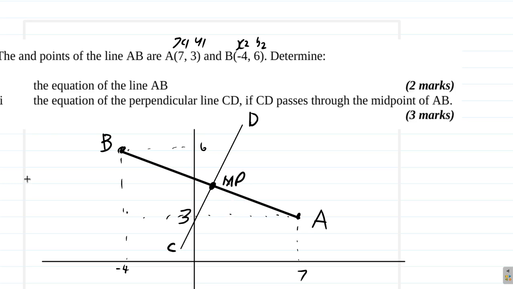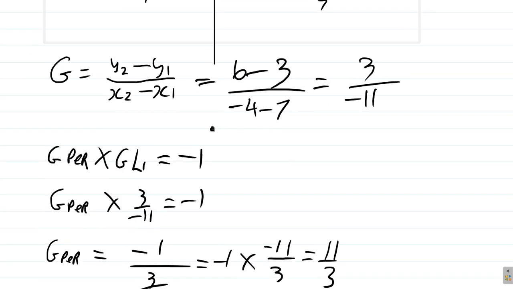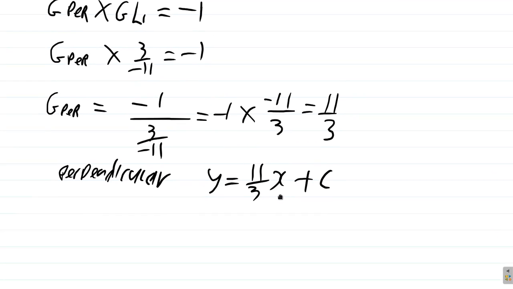Now, if you should find out what the coordinates of the midpoint is, you would substitute the x and y here and calculate c. So we need to find out what the coordinates of the midpoint are.